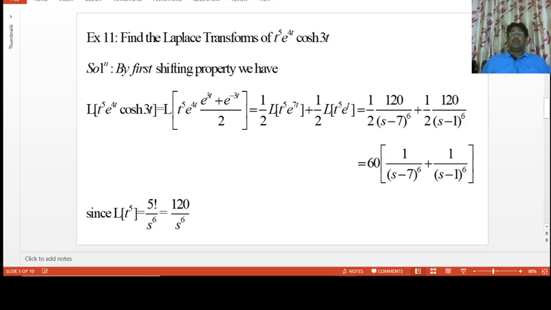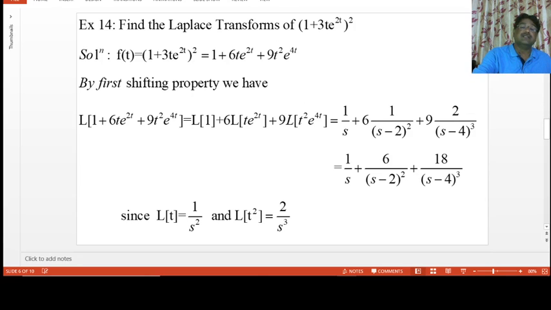Now, taking that 1 by 2 common, we are getting 60 into (1 divided by (s minus 7) raised to 6 plus 1 divided by (s minus 1) raised to 6). That is the answer.